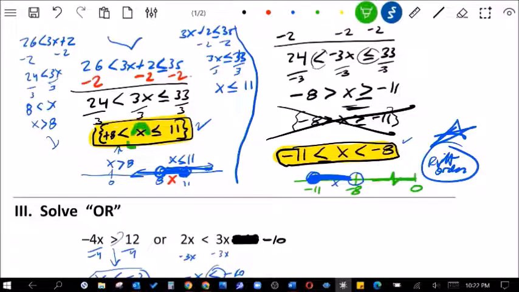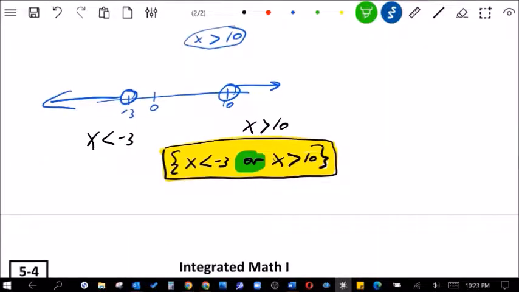In these, the x is in the middle of them because it's where the two things overlap. And here, x is one of them or the other one. So a correct answer could be negative 4, even though it doesn't work for this one, it does work for this one over here. Or the answer could be 11. 11 works here. It does not work over here.